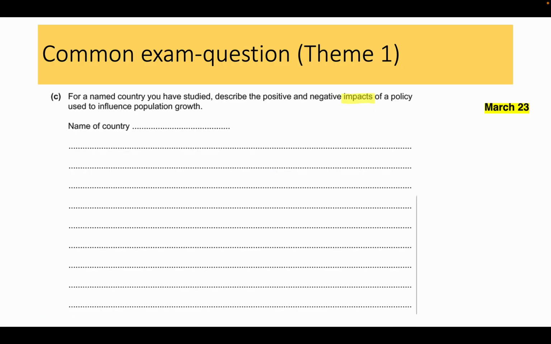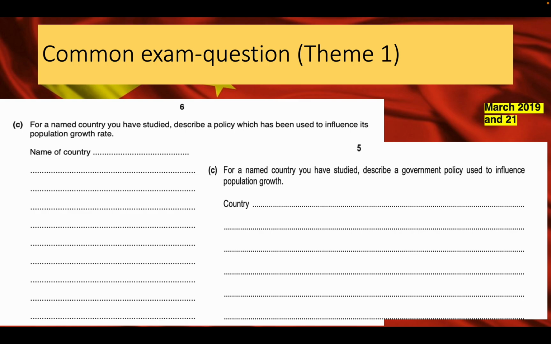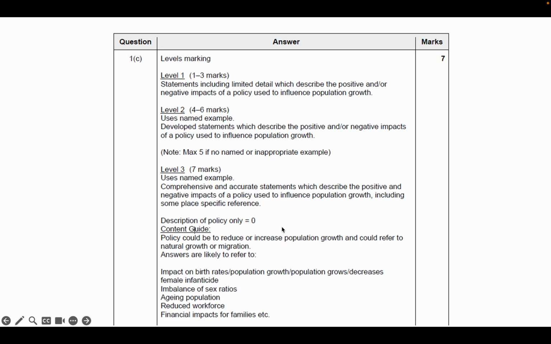However, most recently, they may look at the impact. So just be careful. This is a different type of question to this one, which is looking at the way, or a description of the policy. This one is looking, I suppose, at the effects, the impacts, the results. This can be positive and negative if you ever see the word impacts, but it's also stated within the question. So quickly looking at the mark scheme for this one.